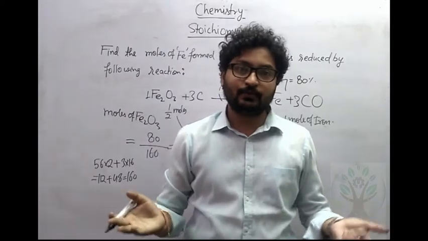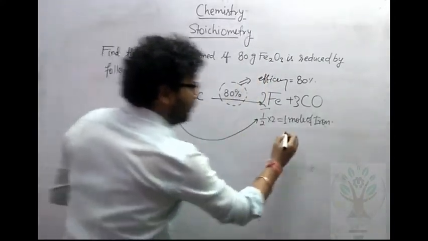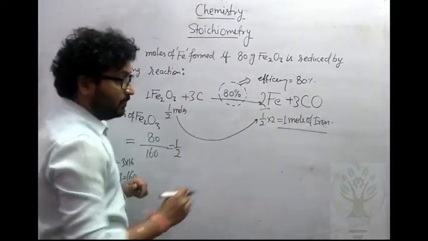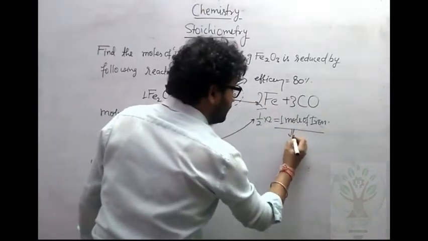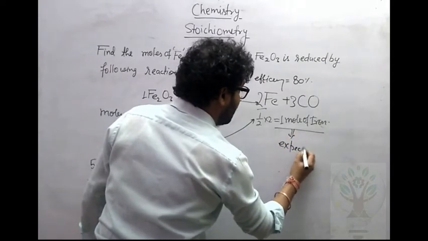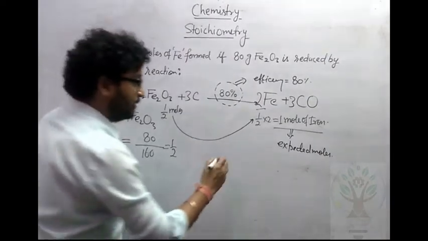But whatever you think doesn't necessarily happen. So 1 mole of iron we thought we will get, but this is what? Expected mole. You can say this is your expected mole. Do you know what the actual moles will be?